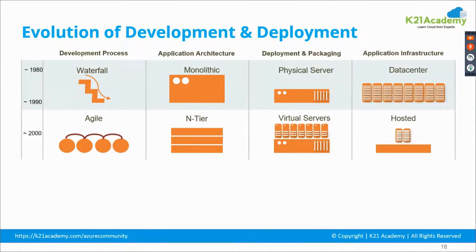Just a few years later, around 2004-5, virtualization came, and we started packaging our applications in VMware or virtualized VM servers. My application started going out into hosted environments, rather than every customer having their own data centers, with a service provider hosting the data centers.